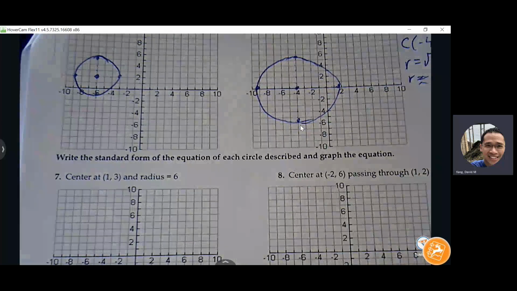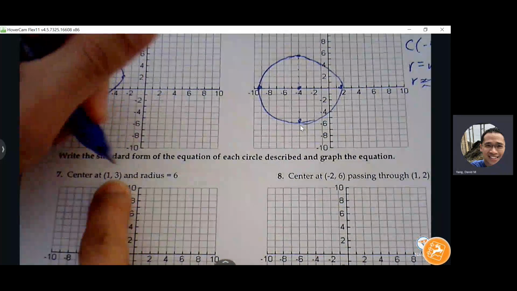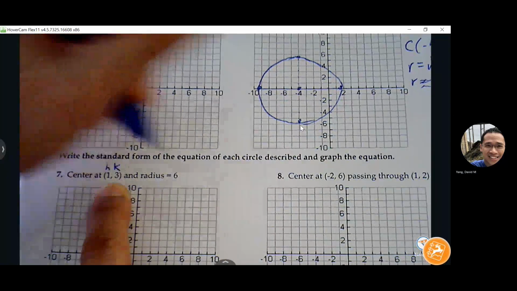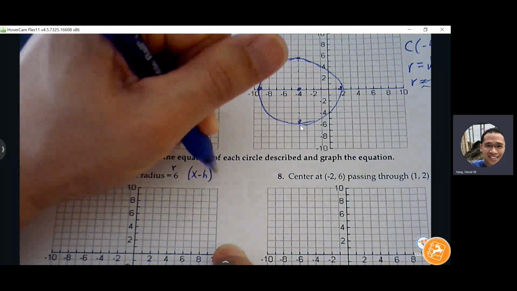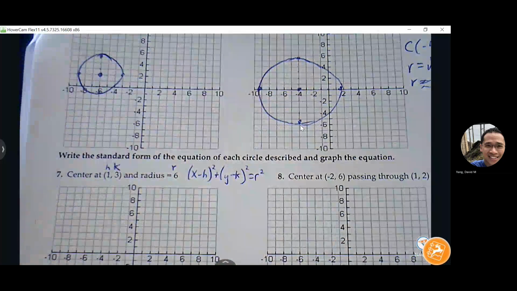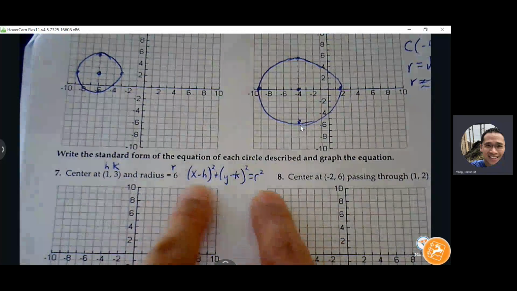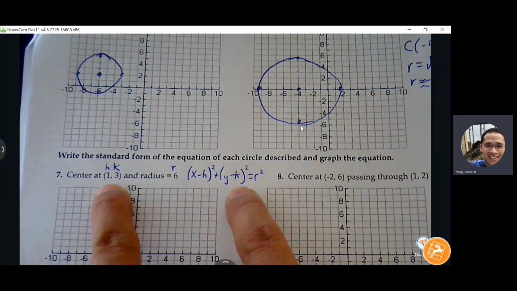Number 7, now we're given information about the circle and we're going to put it back into that standard form. So your center is (h, k), your radius is r. I'm trying to put it back into this form here. I'll keep my x and y. I'll replace my h and k, but just make sure you change the what?